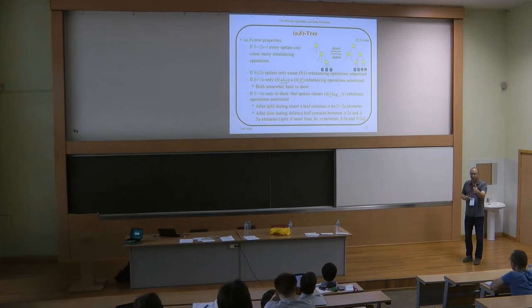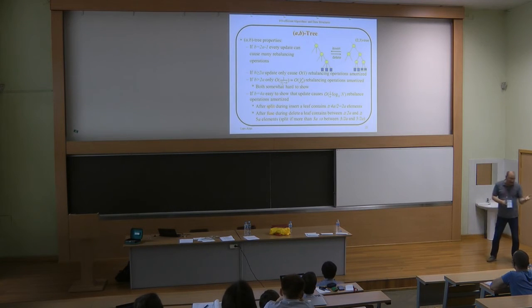I either have to put 2A elements in it to get up to 4A, or I have to delete A elements to get down to A. So it'll take me on the order of A insertions or deletions for the split to happen again.